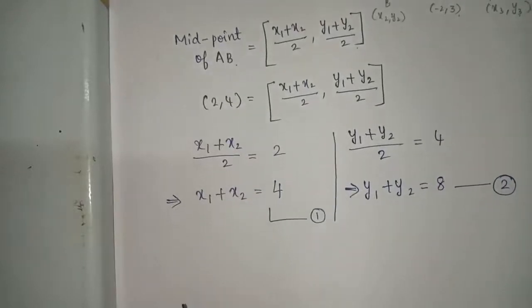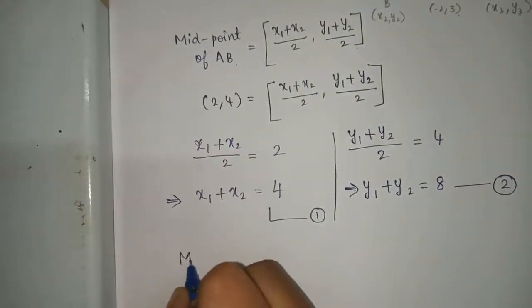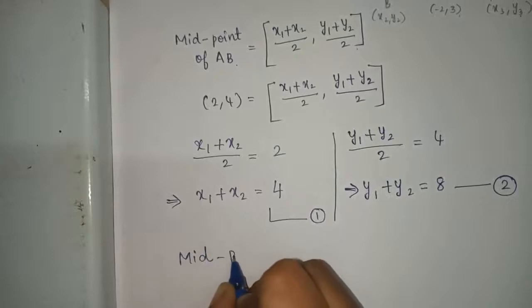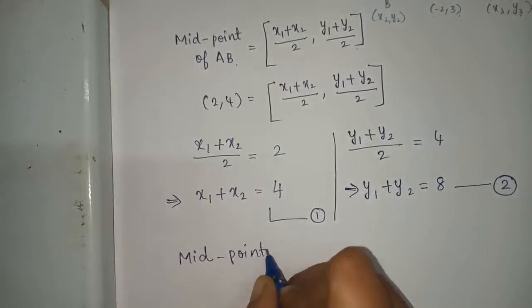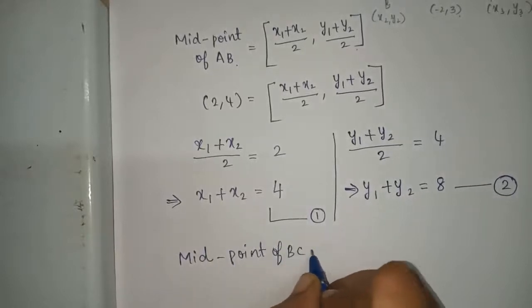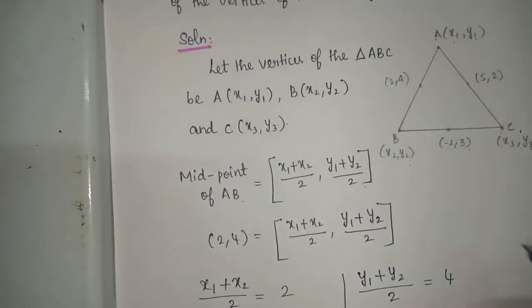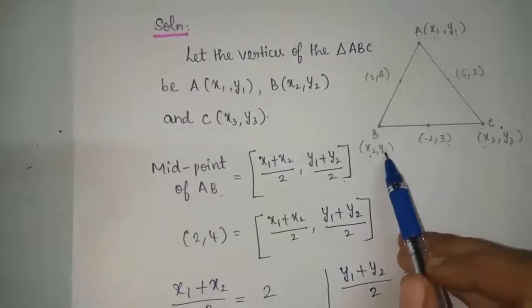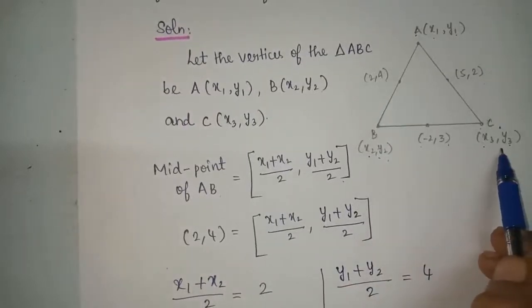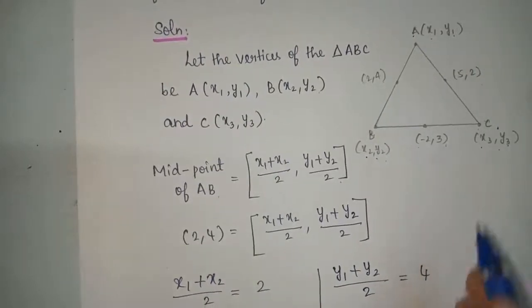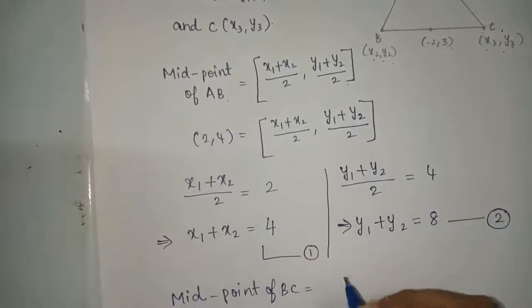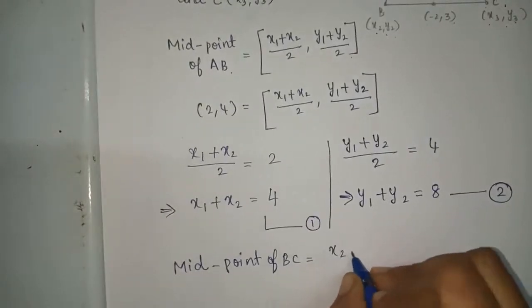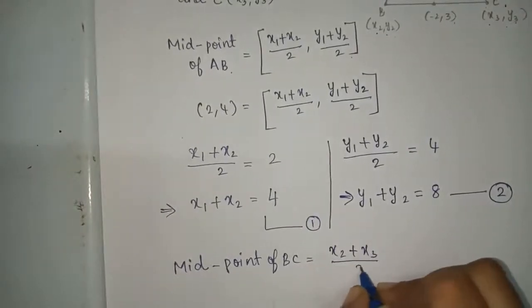Then next we are going to find the midpoint of BC. So midpoint of BC is equal to (x2 plus x3)/2, (y2 plus y3)/2, which is equal to (minus 2, 3).